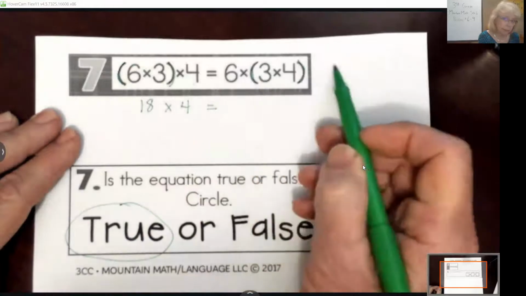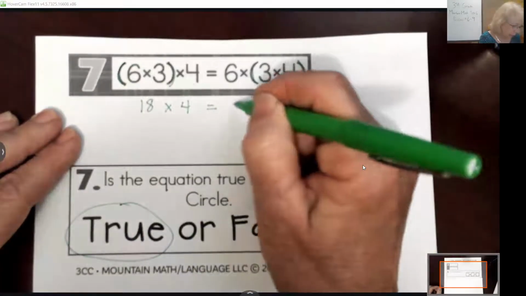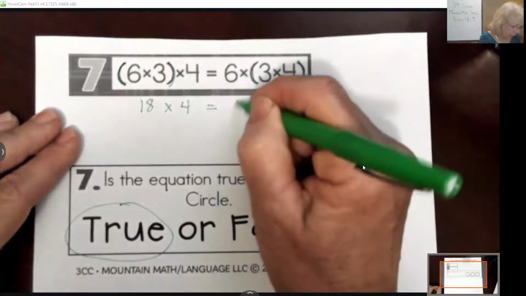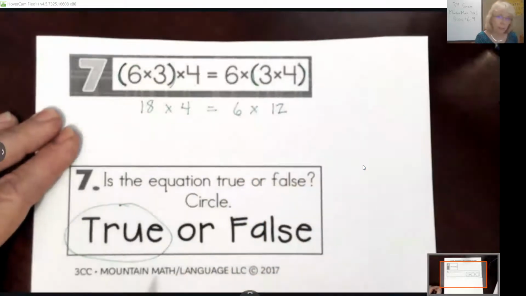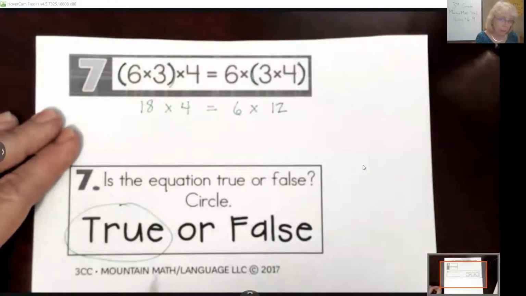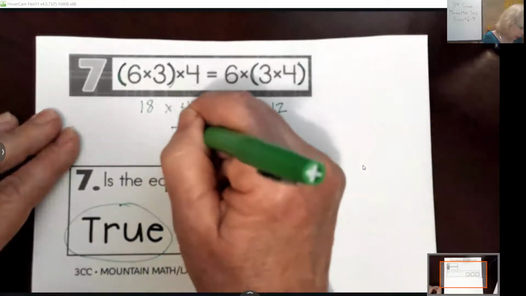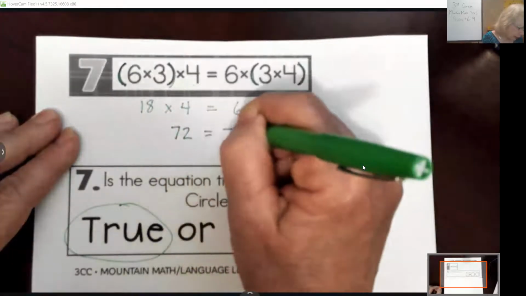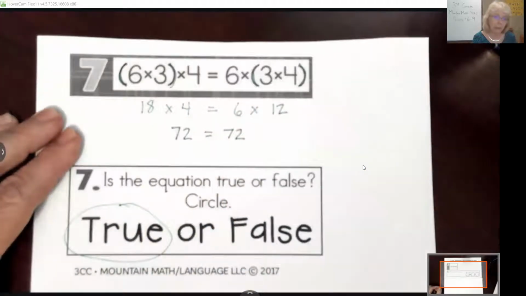And 6 times 3 times 4, we would do the 3 times 4 first, 12, 6 times 12. Now those might look different at the moment, but if you work out the math on those, they will both end up equaling 72. So 72 equals 72.